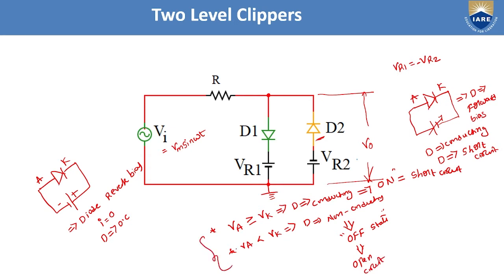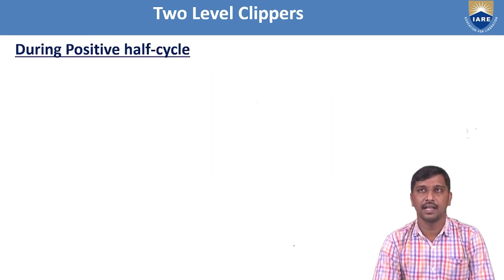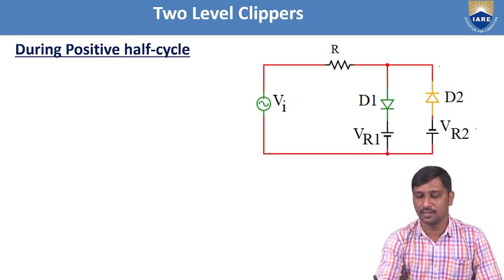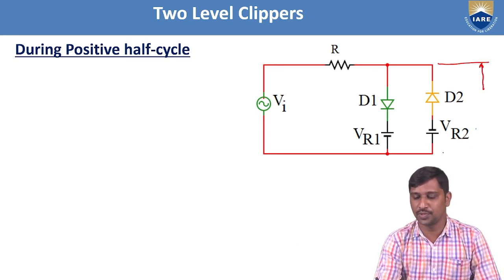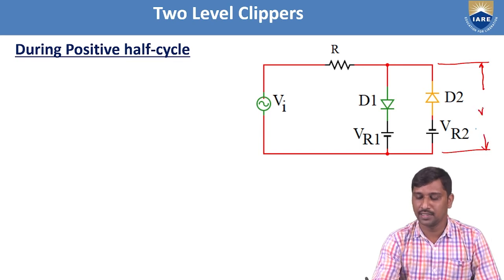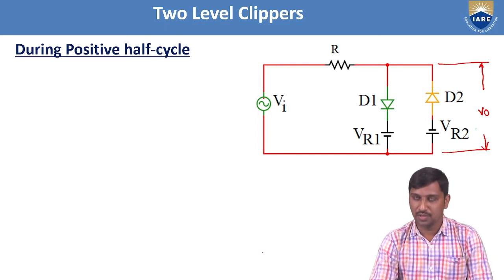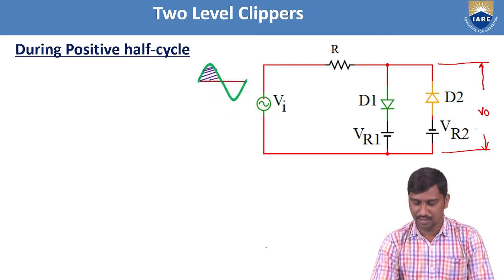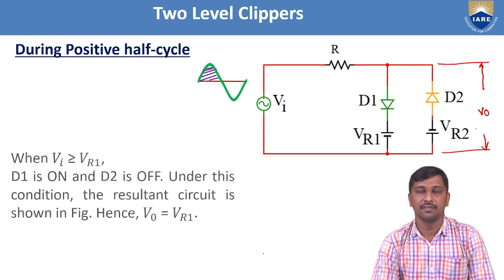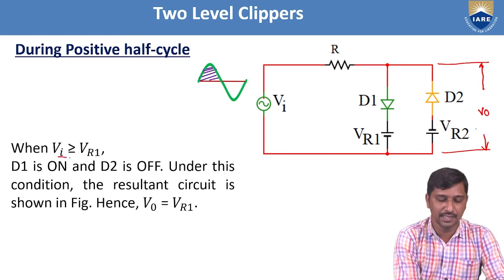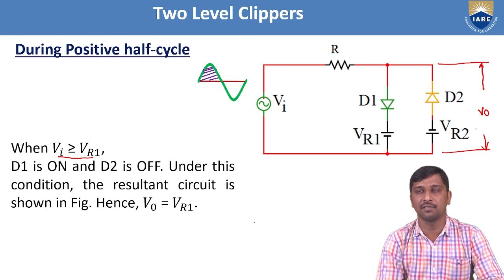So based on these two representations, now we are going to analyze how this given circuit acts as a two-level clipper. For this case, I consider the same circuit. Across this, we are going to observe the output voltage or output response, represented as V0. During the positive half cycle, I made one condition: if Vi is greater than or equal to VR1.